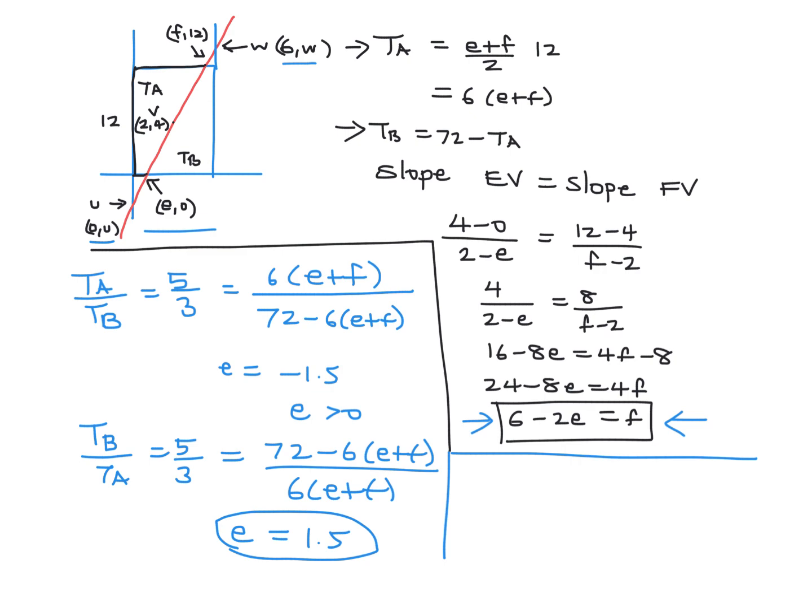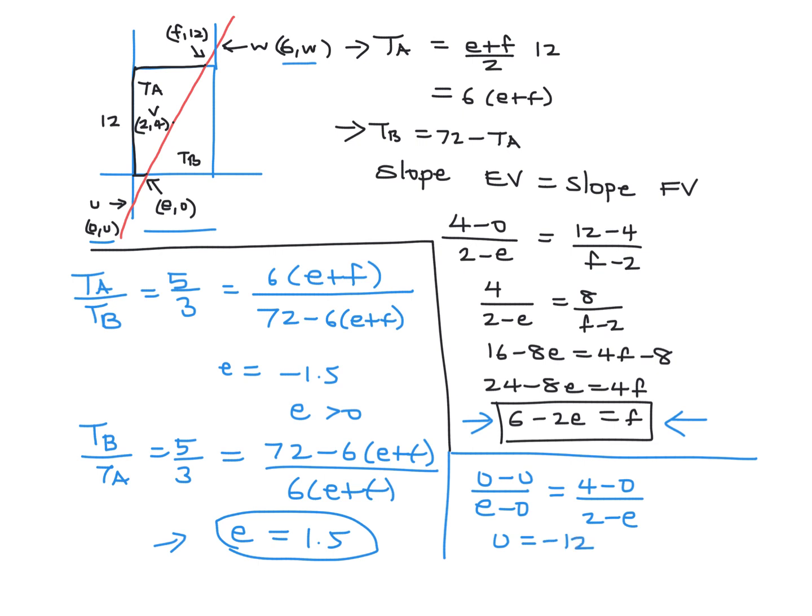So let's see here. It would be 0 minus U over E minus 0 is equal to 4 minus 0 over 2 minus E. And when you solve for this, well, we have to plug in E equals 1.5. And when you solve for this, you would get U equal to minus 12.